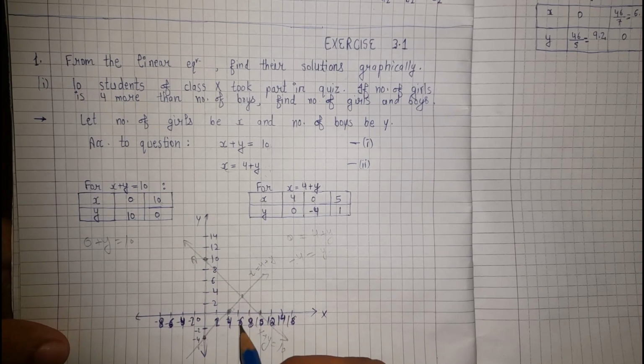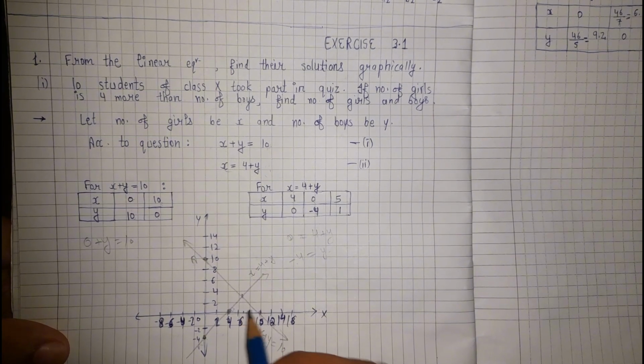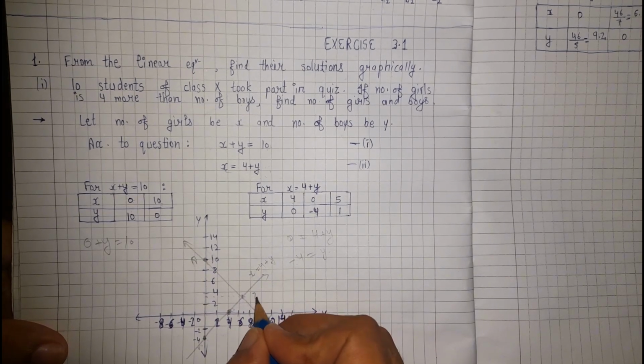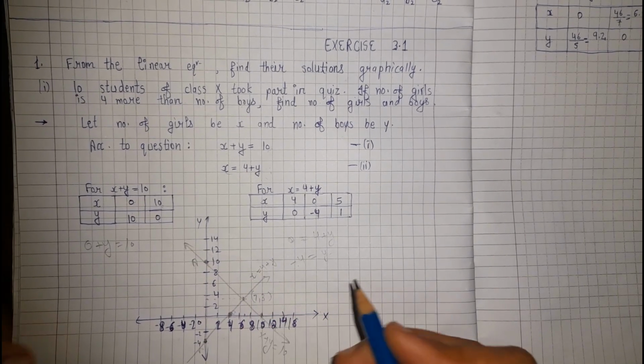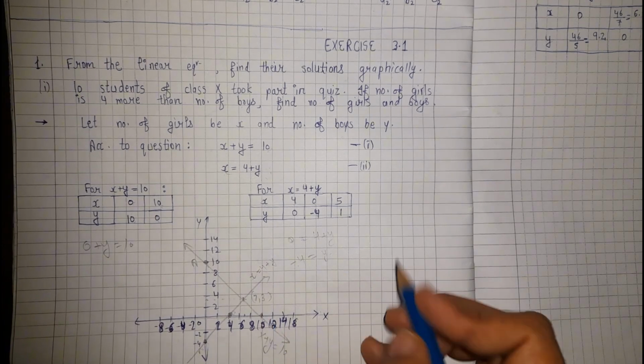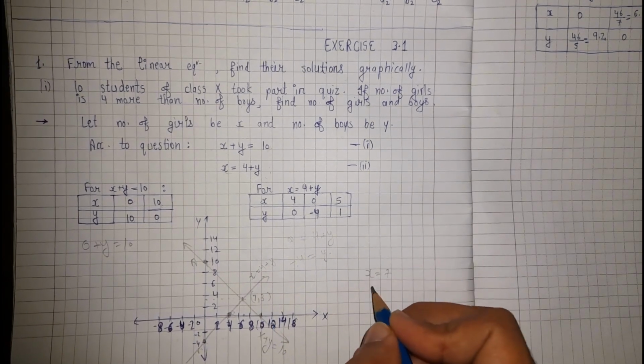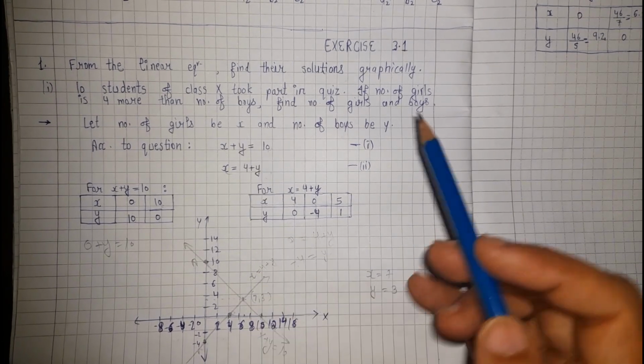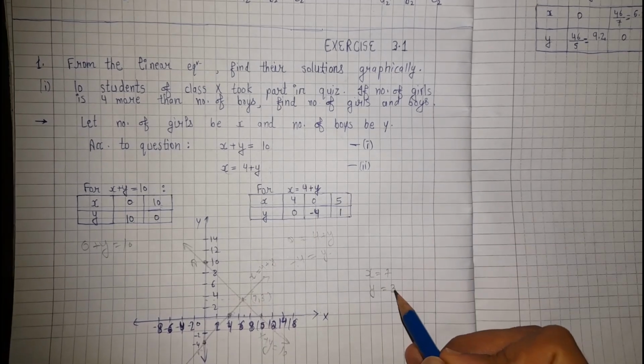At this point, x is 7 and y is 3. 7, 3 is our solution. That is, x is equal to 7 and y is equal to 3. That is, the number of girls is 7 and the number of boys is 3.